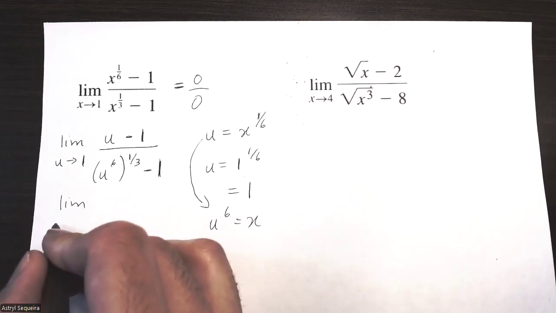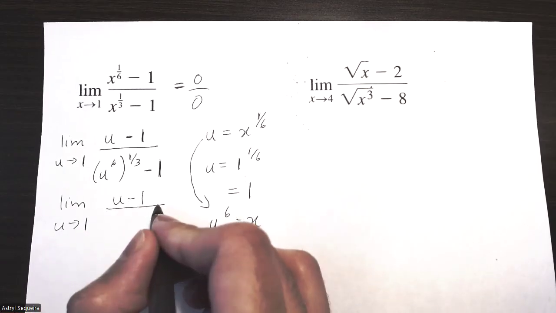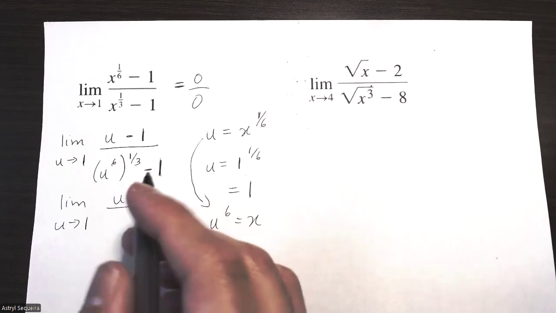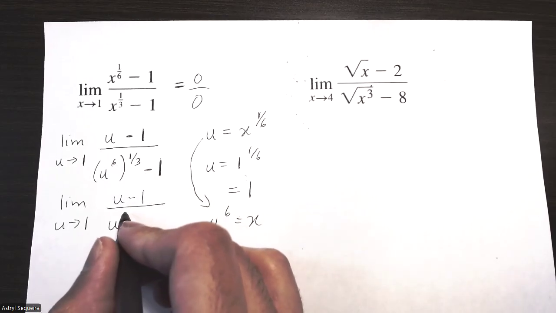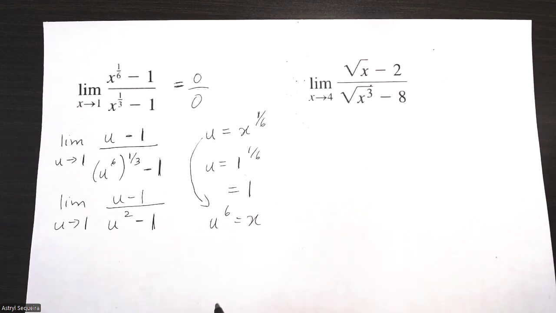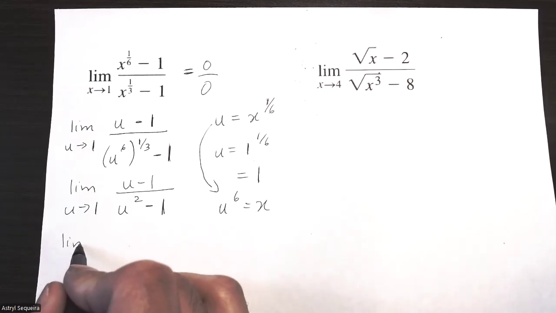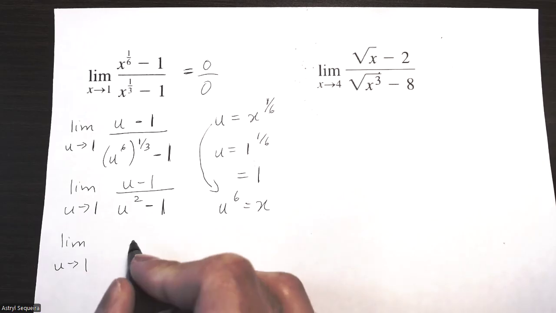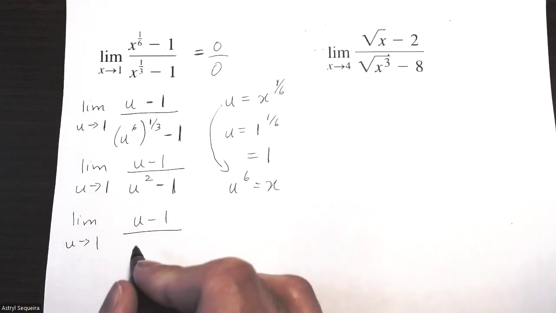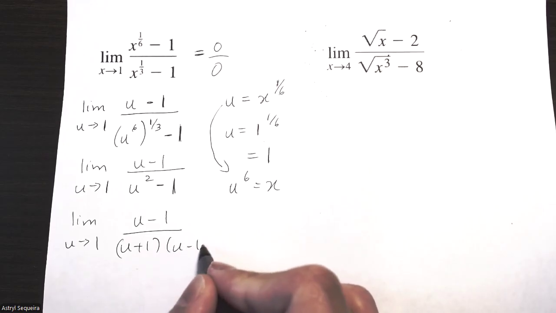So first things first, I'll simplify the denominator over here. 6 times 1 over 3 is 2, so it's u to the power of 2 minus 1. And then I can factor this bottom by difference of squares. So I have u minus 1 over u plus 1 times u minus 1.